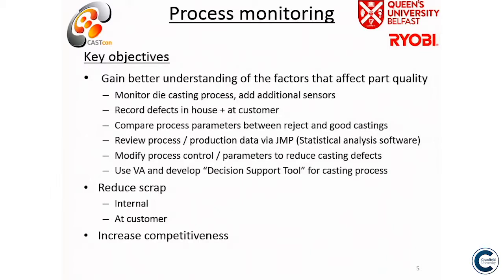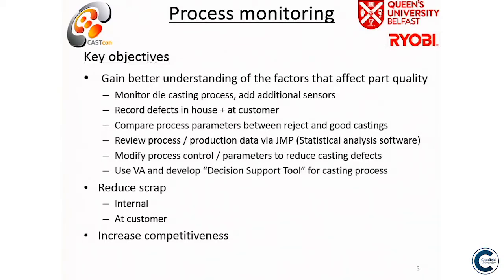We need to review the process production via statistical analysis software, JMP for example. And then if we can compare the process and use something like JMP to analyze the information, we can identify key aspects and then modify the process control so that we can reduce these defects which occur.